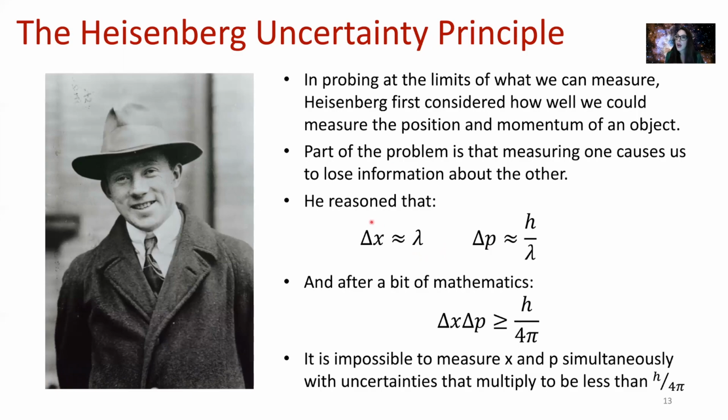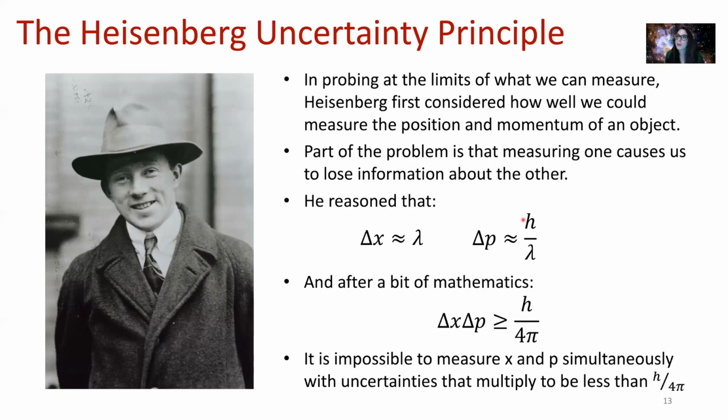So Heisenberg reasoned that our uncertainty on the position is going to be very similar to the wavelength of light. Let's say we're thinking about a photon, the wavelength of the photon. And then that the uncertainty on our momentum is going to be very similar to the Planck constant divided by the wavelength.